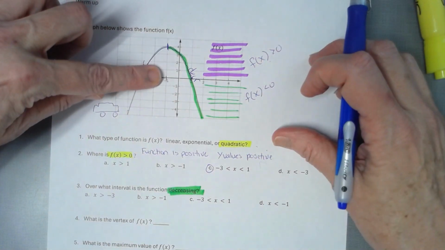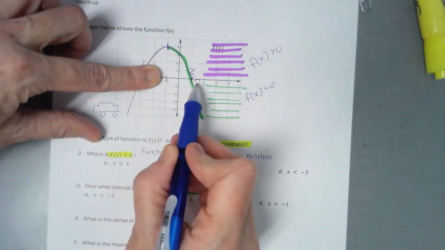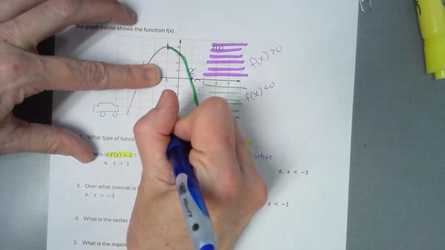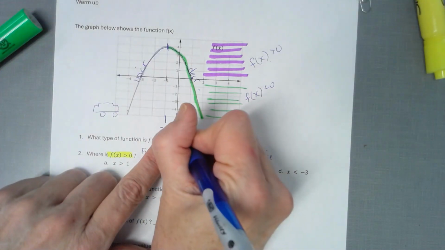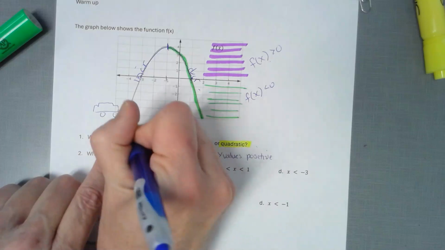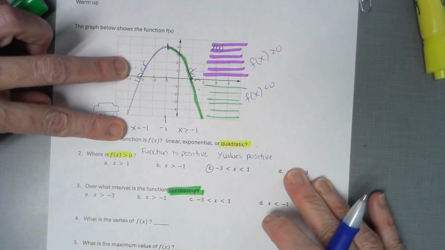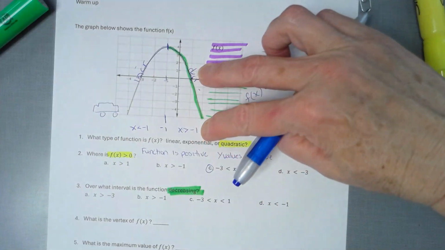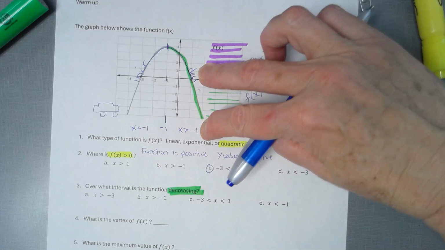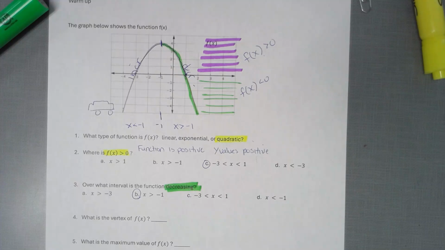That's -1. And then it is everything bigger than -1 because it's on this side. So you could write -1 here, and over here x is greater than -1, and over here x is less than -1. x is less than -1 is the interval where it's increasing. When x is greater than -1, that's the interval where it's decreasing. So the correct answer is x is greater than -1. Anybody get that? We had it, but then we changed it.